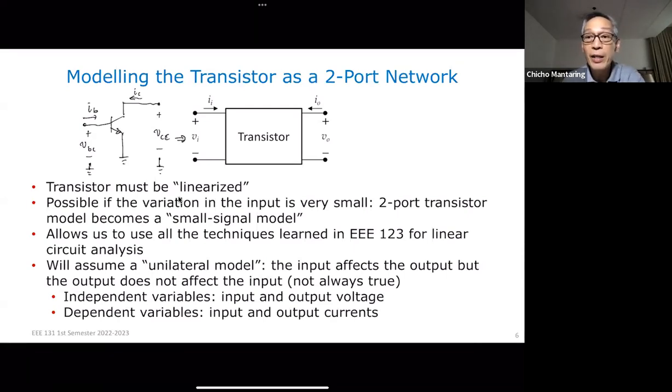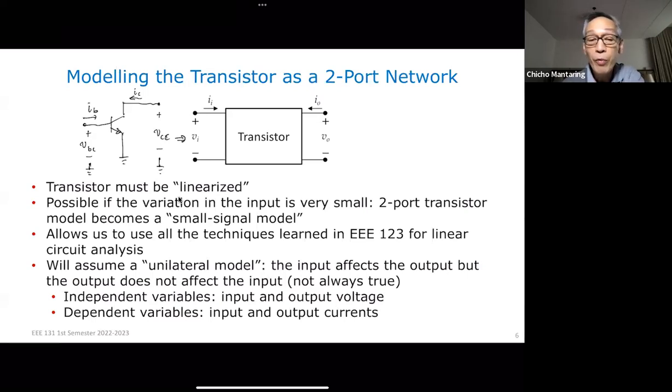That happens when your circuit has what we call feedback. And actually, maglagay ka lang ng emitter resistor sa transistor, that's already feedback. Okay, so the unilateral model is not always valid. You're going to deal with non-unilateral circuits when you take up circuits with feedback in a future course.